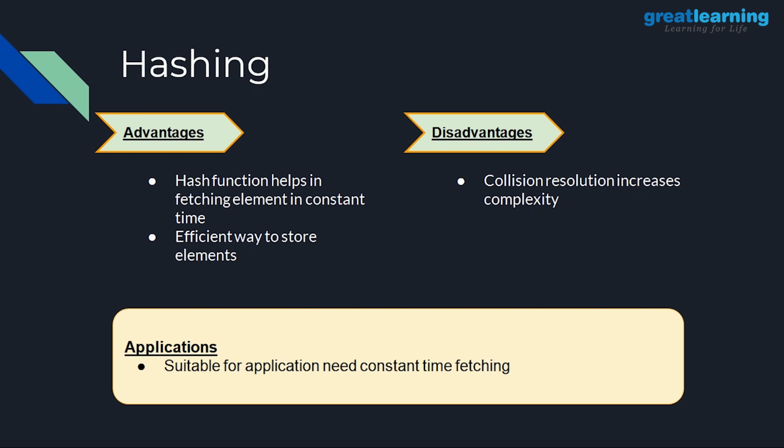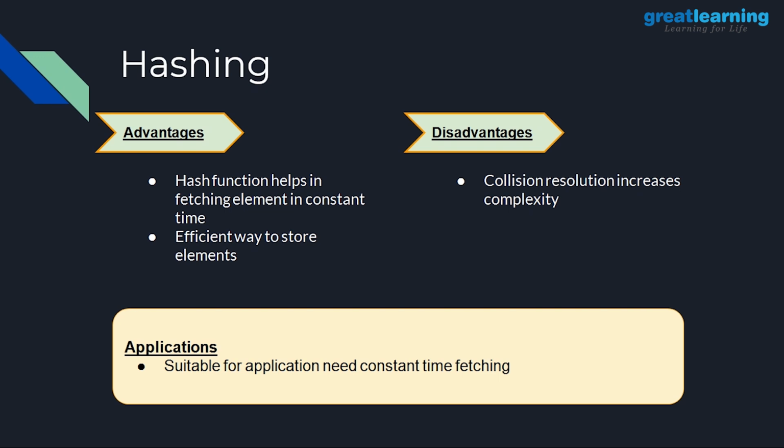Why? Because of these collisions, right? We have to find a way to avoid or minimize these collisions. So this is the disadvantage that we have with hashing. What is it suitable for, or what are its applications? Its application is when we need a constant time to fetch an element or to delete an element. Okay, these are some advantages and disadvantages.